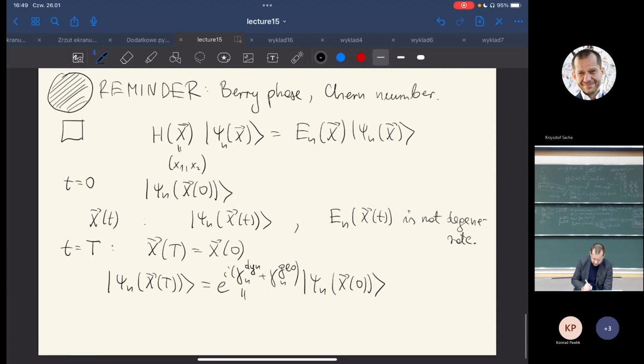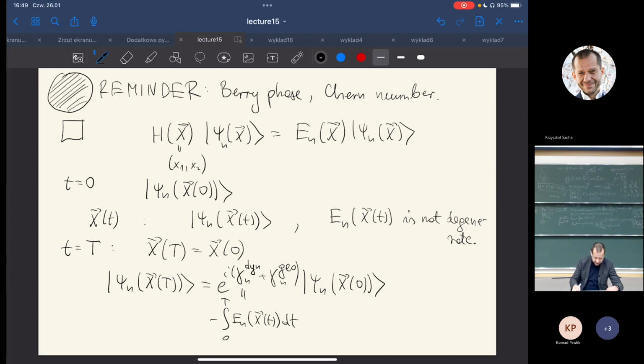This dynamical contribution is quite natural, because if we prepare the system in a certain eigenstate, then we expect that the time evolution is related to a phase factor which oscillates with the corresponding eigenvalue. But because we are changing the eigenvalue, this phase corresponds to the integration of the eigenvalue over time.